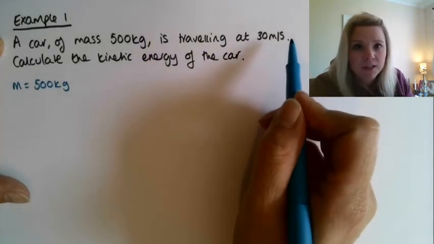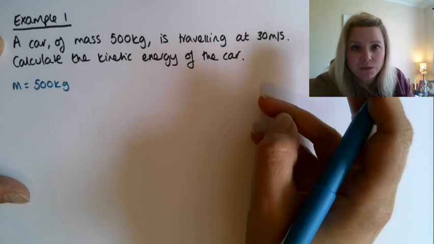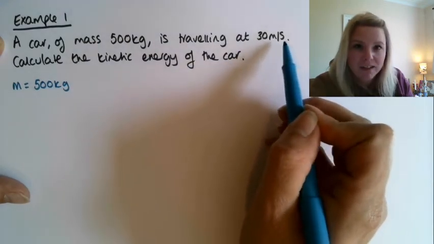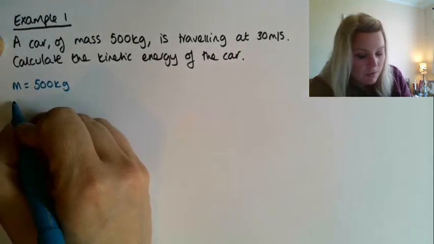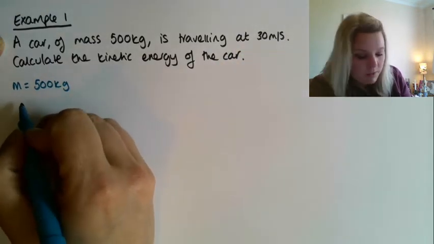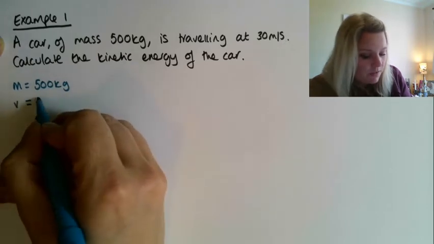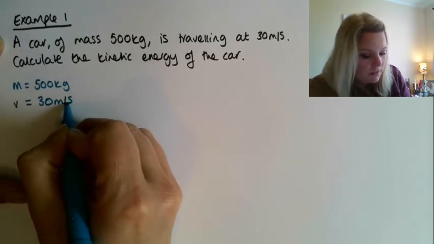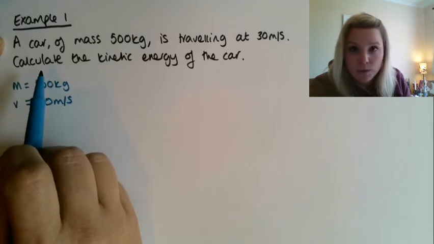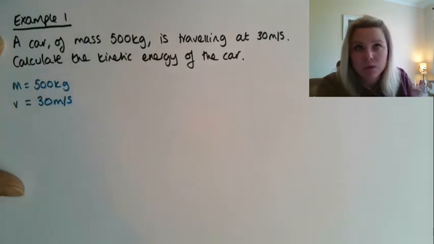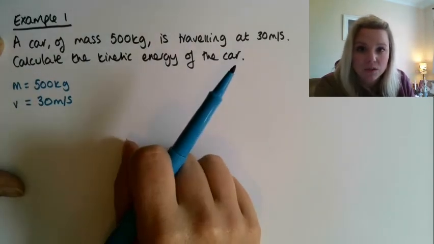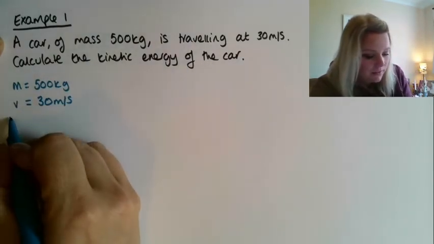Nowhere there is the word speed used, but we need to be able to recognize values from their units. So the meters per second tells us that it's a speed. Remember in this equation we use V for speed. So V is 30 meters per second. And then always list down what the question is actually asking you for as well, because it helps you recognize what equation you need to use. So calculate the kinetic energy.